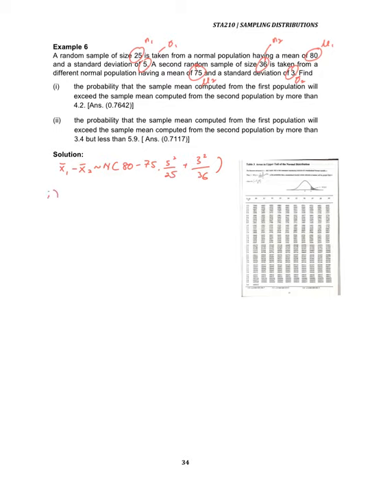So now number 1, it wants the probability that the sample mean computed from the first population will exceed the sample mean computed from the second population by more than 4.2. So it means it wants the probability of X bar 1 minus X bar 2 being more than 4.2. Okay, so the method is the same. This will become Z greater than 4.2 minus, 80 minus 75 which is 5, right?